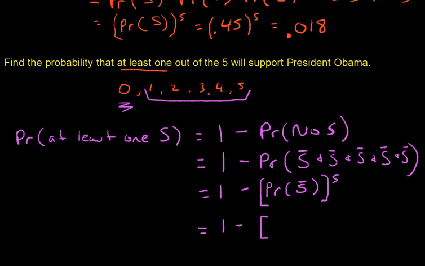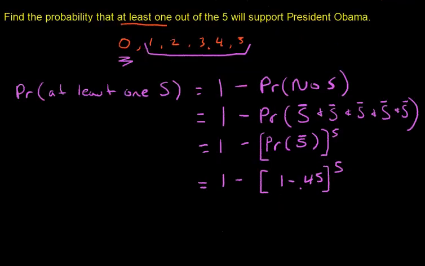So the probability of not supporting the president would be 1 minus 0.45, 1 minus the probability of S. Remember, the probability of a complement is 1 minus the probability of the event. So 1 minus 0.45, that's basically 0.55. 0.55 to the 5th power.